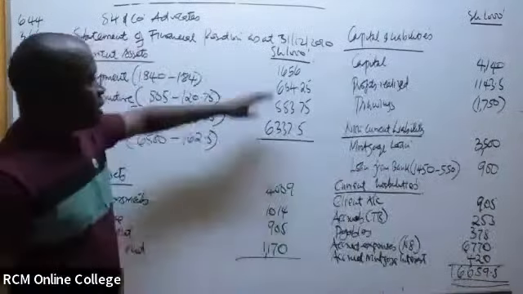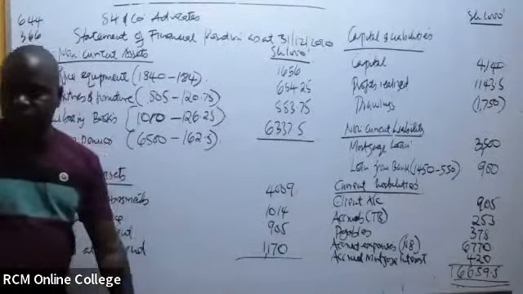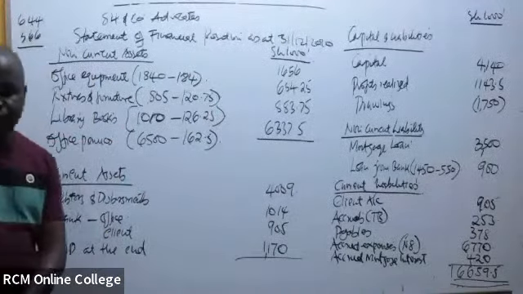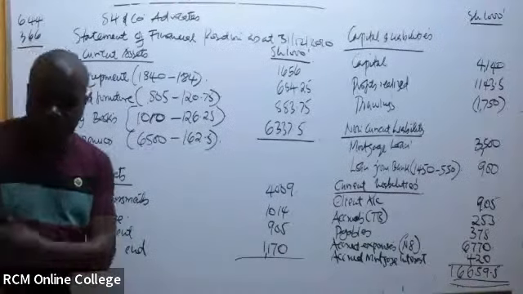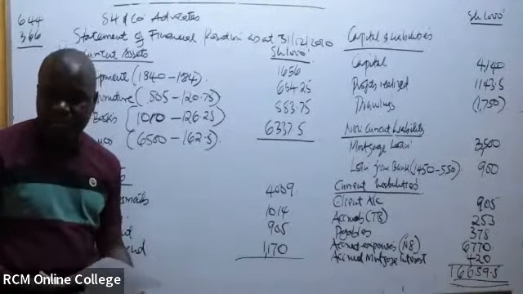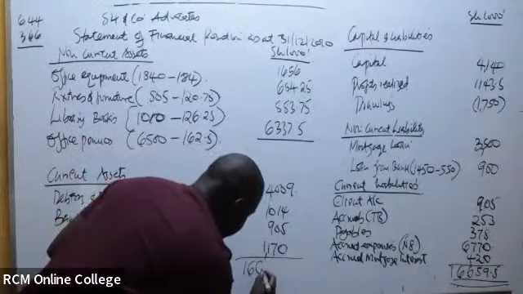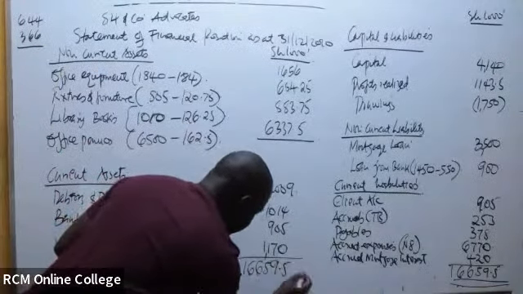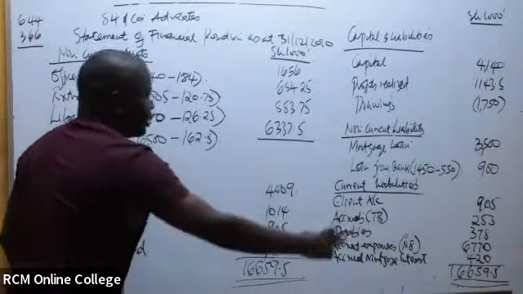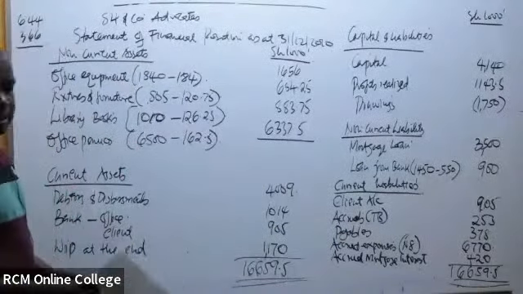So then do the total for these ones. Karen, do the total for these ones. Total for assets, I can see Irina has already done 16,659.5. And of course, it is in a balance.